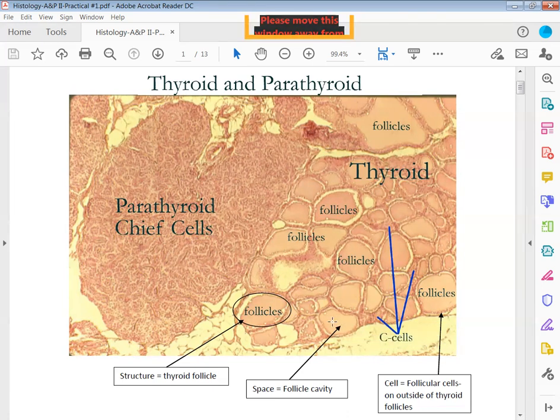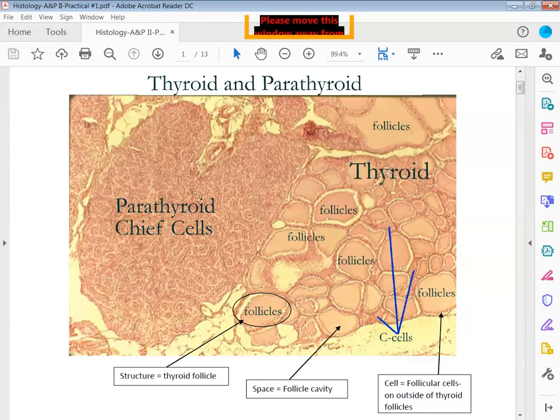This space is called the follicle cavity. Then around the follicles, you will see a ring of cells. Those ring of cells around the follicles are called the follicular cells. Then you have some of these cells out here that are between different follicles. These cells are called C cells.